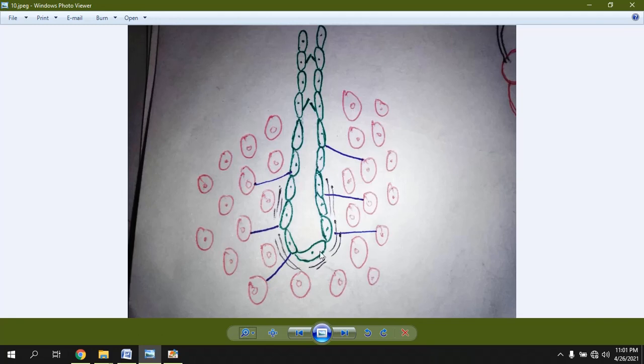When they contract, they push the lymph toward the larger lymphatic vessels. The lymphatic vessels contain walls which allow only one-sided flow of the lymphatic fluid. So this was all about the transport of the lymphatic fluid.